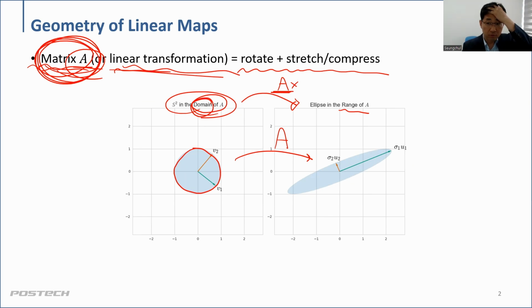But imagine or visualize it in unit circles, by any given matrix A, rotated, stretched, or compressed. Okay.